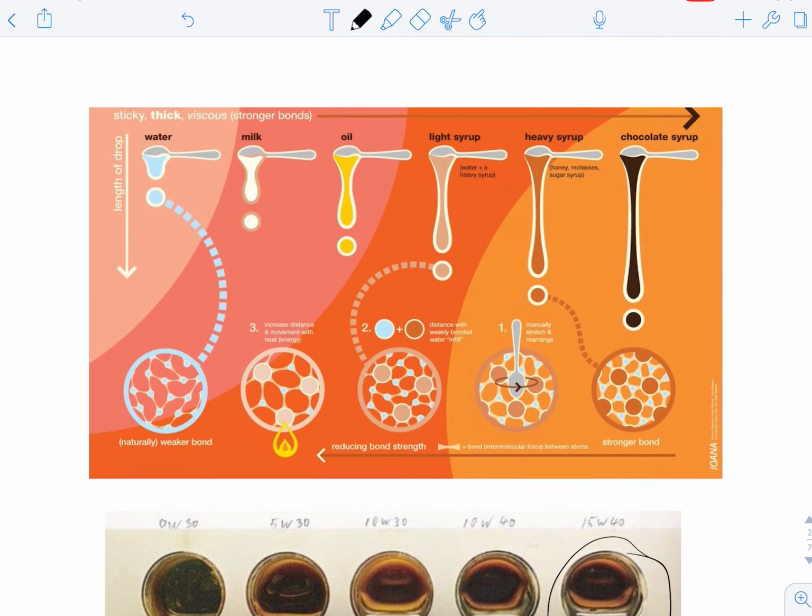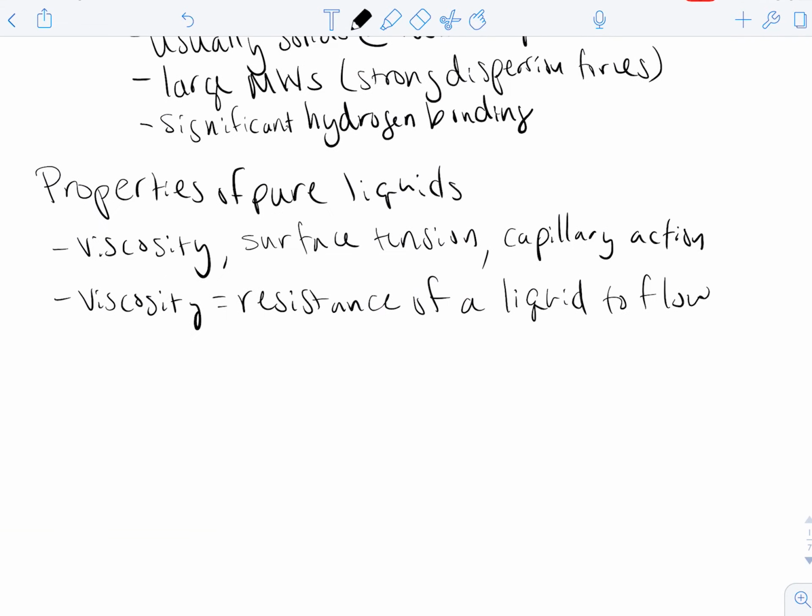So what changes the viscosity of a substance? If we have molecules that can flow past each other very easily, we're going to have low viscosity substances. High viscosity substances are ones where the molecules don't flow past each other very easily.